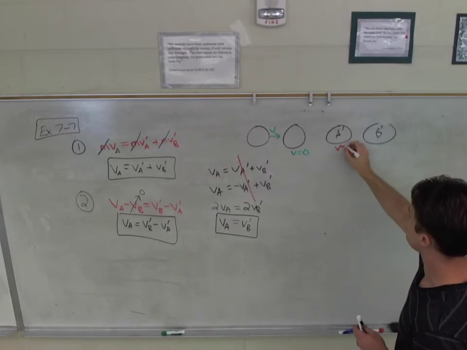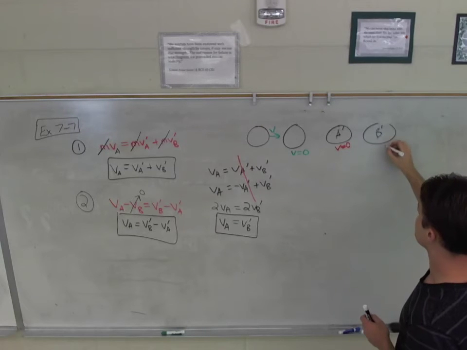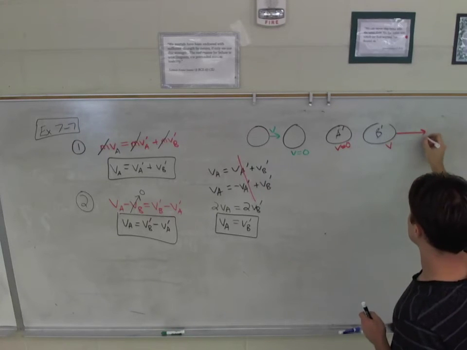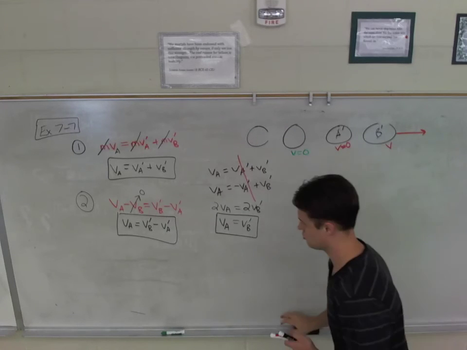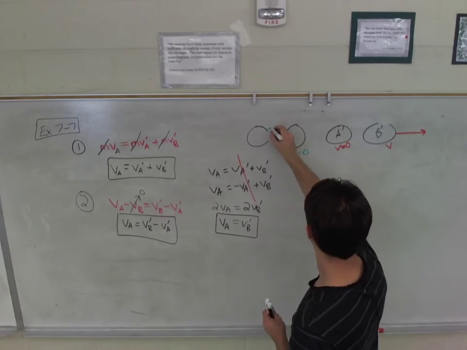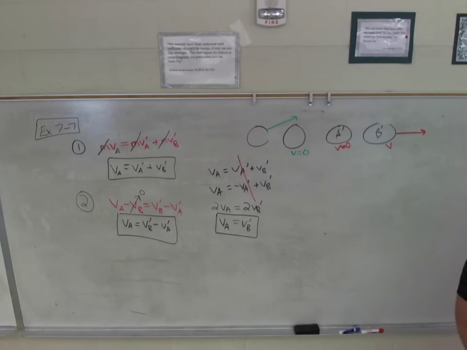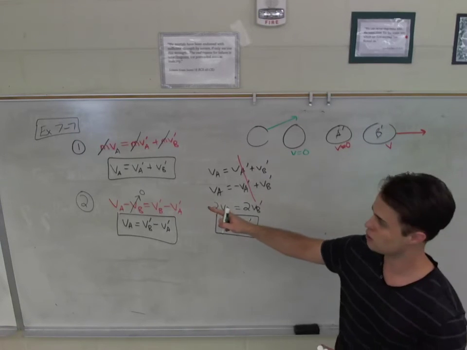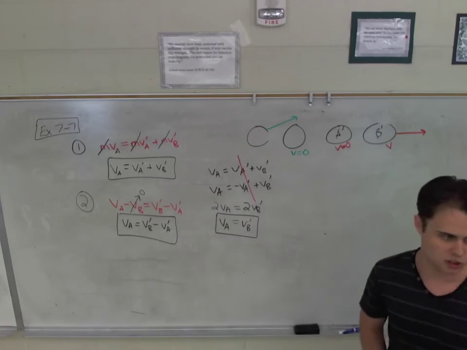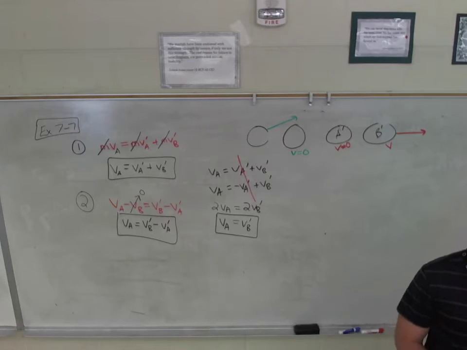So this guy is now 0, and this guy now has velocity VA. Same thing as that. I should really draw them the same size, shouldn't I? It's not really all going off to the side, but same size vector. How would you know that from the equations? You could take this and plug it back in, either one, just like in substitution, and you're going to get the other thing equals 0.